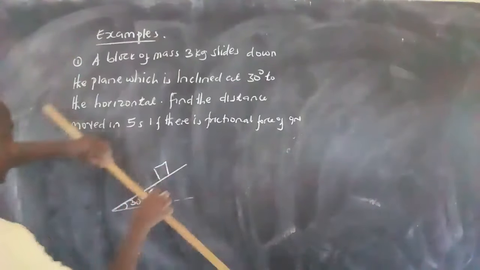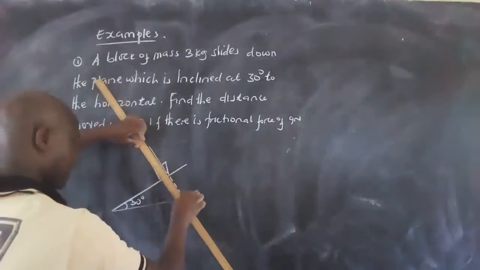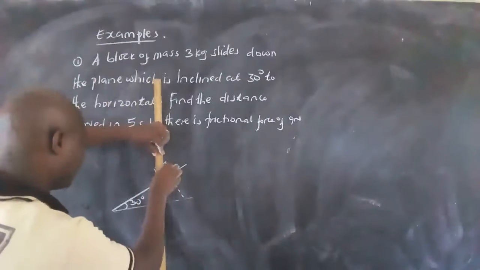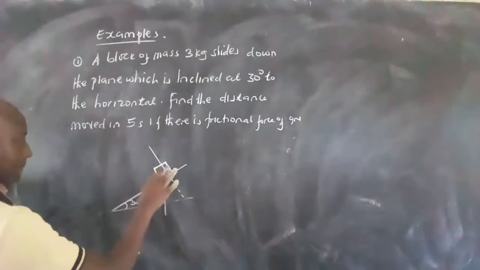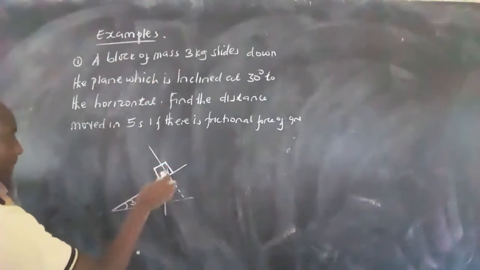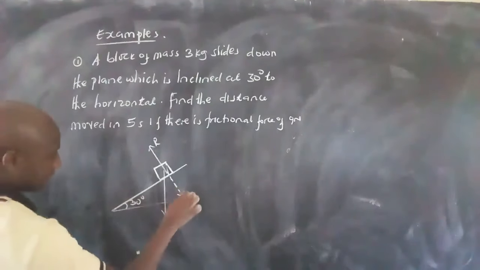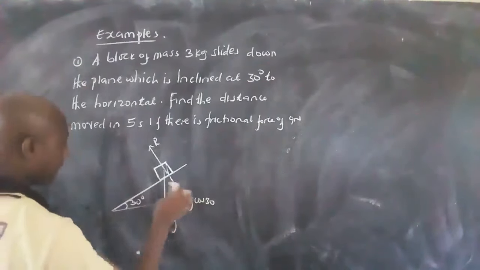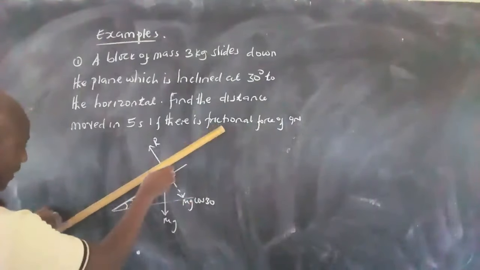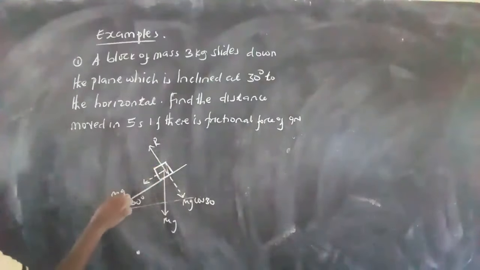So here there is the normal reaction R, and then there is its weight mg. This will be mg cos of theta, cos of 30. Then here we have another resolved component, which we already saw as mg sine of the angle.